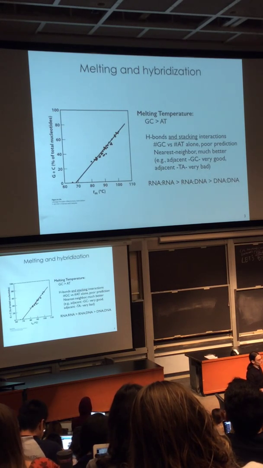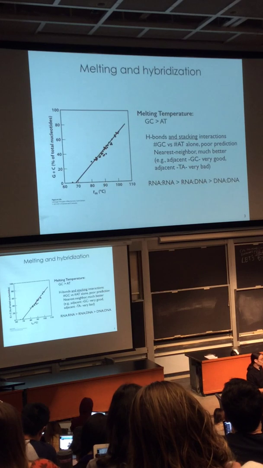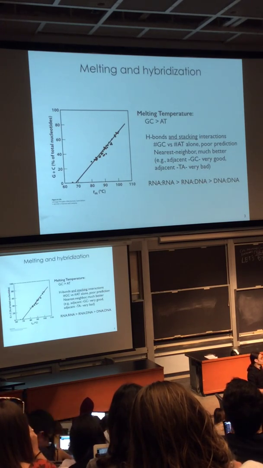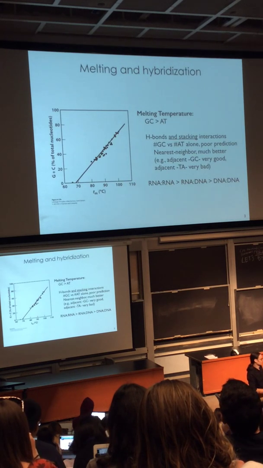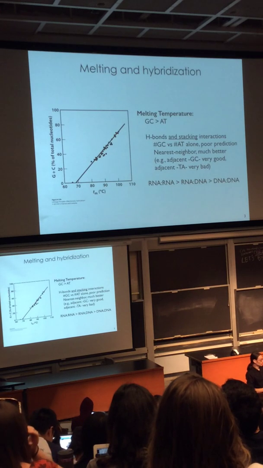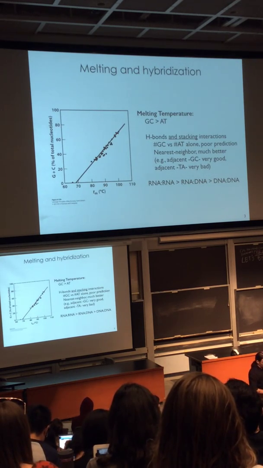And it's actually slightly more complicated in that there are contributions from the stacking interactions that I think actually aren't well understood even now. Empirically, we know that when we have G's and C's next to each other, they stack in a particularly favorable way, and when we have lots of T's and A's next to each other, they stack in unfavorable ways. So that certainly contributes as well.